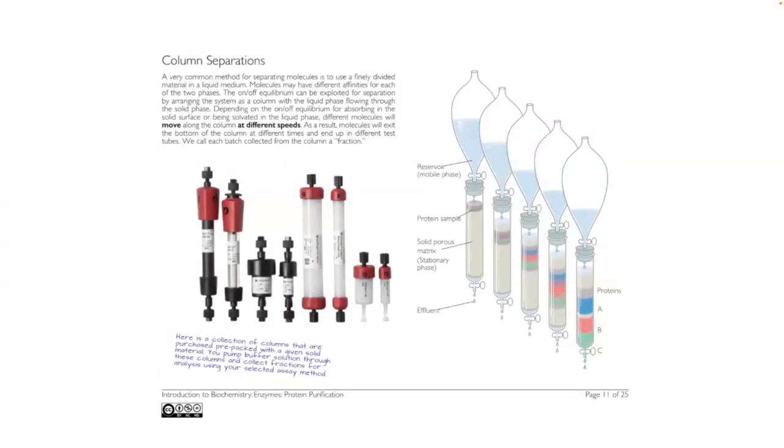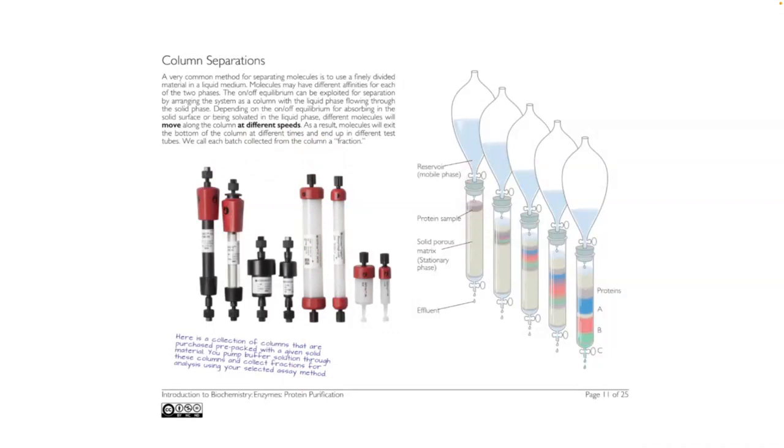It could be just a buffer solution, or it could be a buffer solution in which you're gradually changing the pH. It could be that you're gradually increasing a salt concentration. It could be that you're gradually adding a molecule that will compete with the column for the protein and release it. There's all kinds of techniques to use, but I'm putting a changing condition through the column, or maybe not changing, maybe just a steady flow, but the proteins move at different speeds.